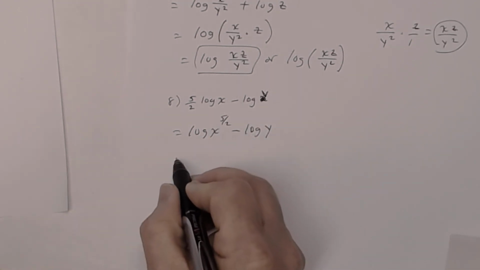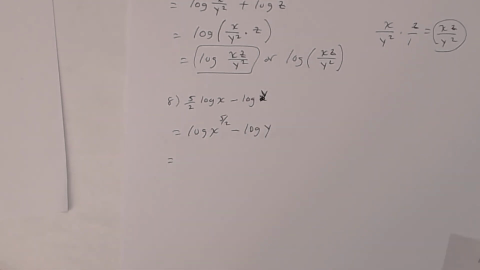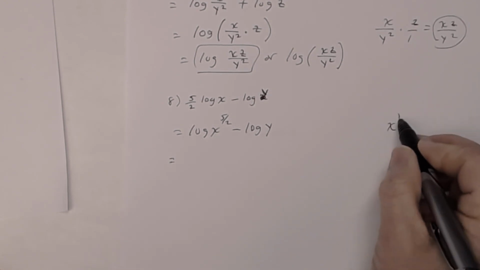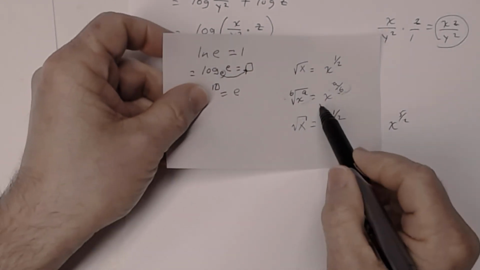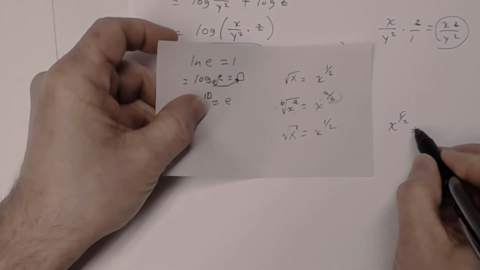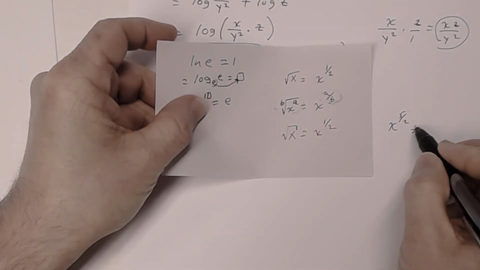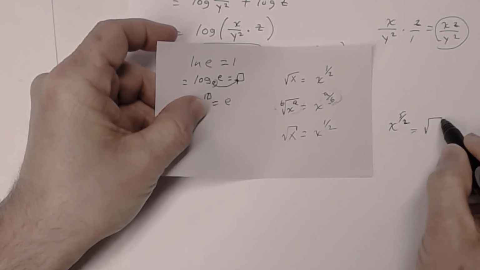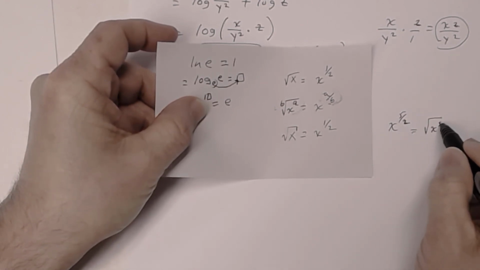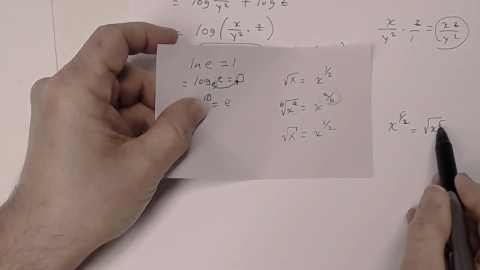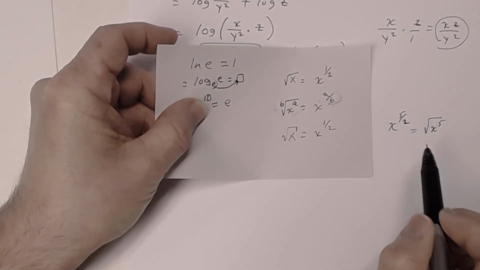So you're going to say this is going to be, and let me just remind you. So let's do that here. X to the 5/2, using this idea right here, is, remember, the denominator is your index. So that's a 2, you're going to have the square root. It'll be x to the 5th power. So the square root of x to the 5th means 5 divided by 2 as an exponent.